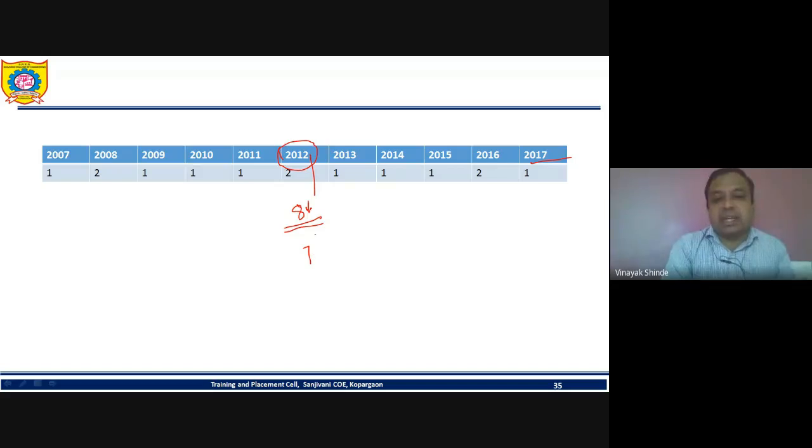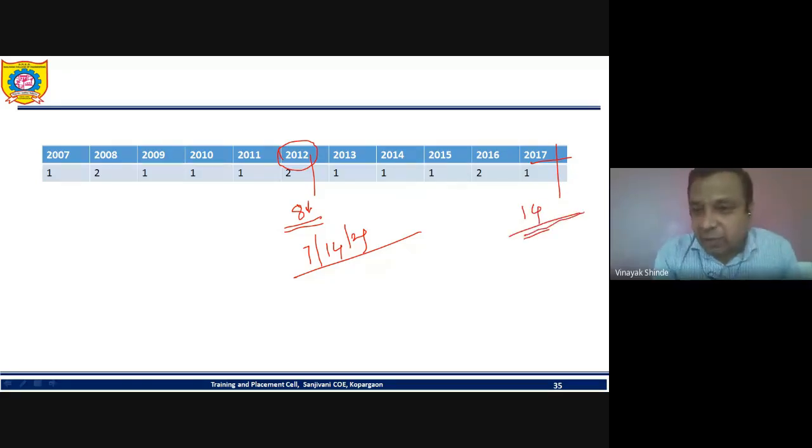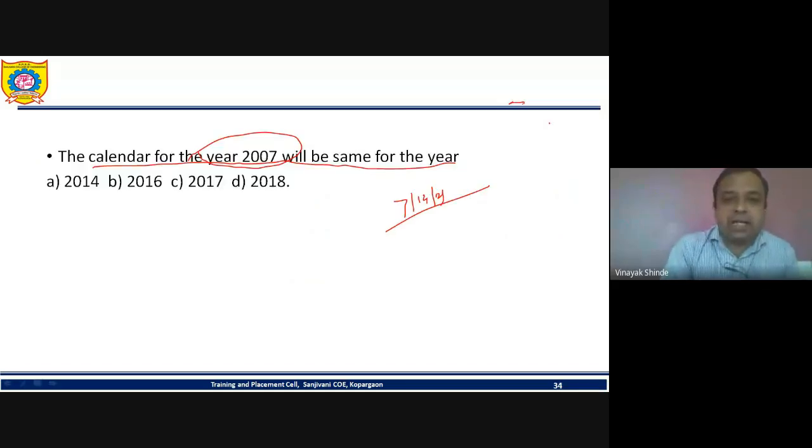So either you should get 7, 14 or 21. Right? So if I go on adding the odd days for the next years 2013, 14, 15, 16 and 17, so what you get? 8 plus 2 is 10, and here we have 14. Here addition is equal to 14. Whatever the next year it is, that year has got the same calendar. 2018 is the right answer. Option number D is the right answer.